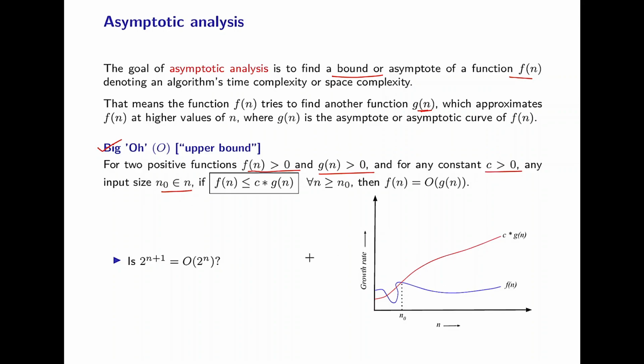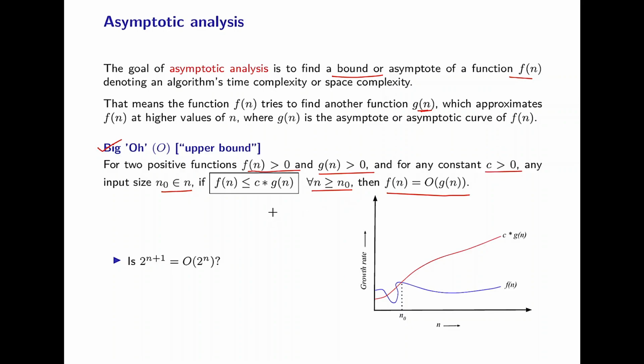Here in this diagram, on the x-axis n is the input, and n naught is any instance of n. Now if f(n) is less than or equal to c times g(n) for all values of n greater than or equal to n naught, then we can say that f(n) is equal to big O of g(n).